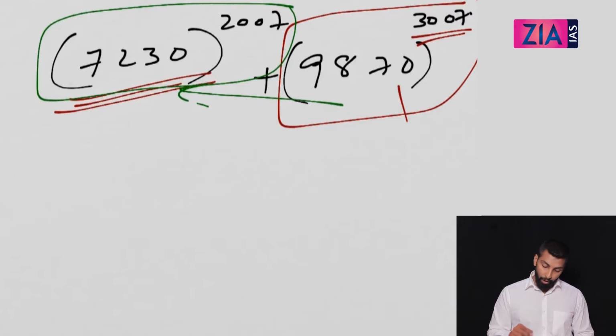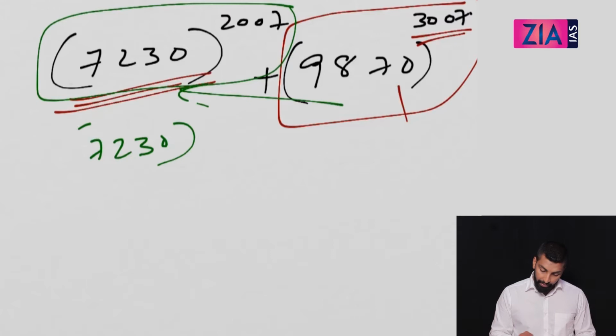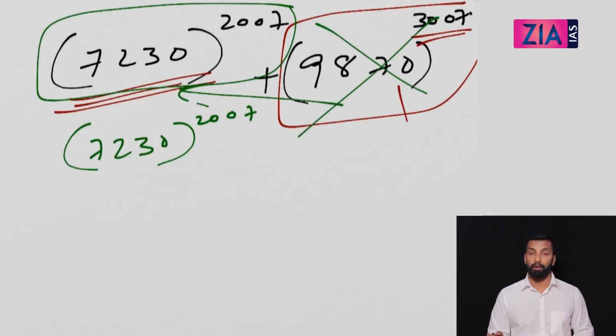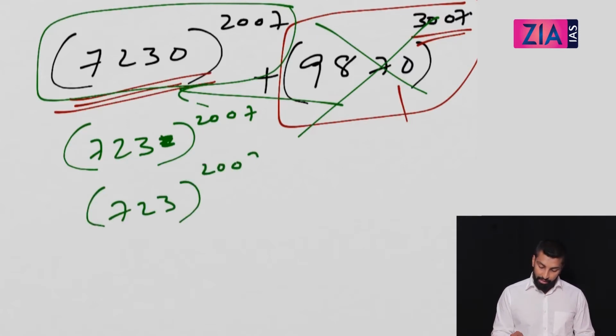So as I told you earlier, you need to find the last non-zero integer of 7230 raised to 2007, because the other number is not important. Last non-zero means the zero is not important. So this is 723 raised to 2007. Last digit is what you need to find. Since it is the last digit, this 2 is not important.